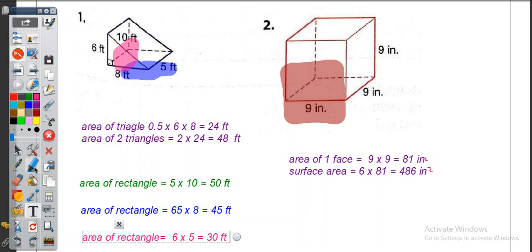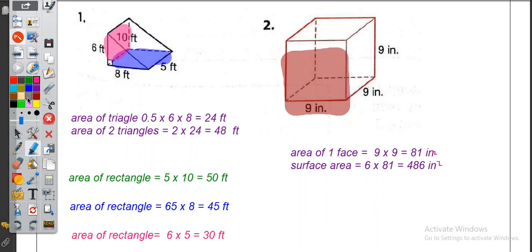After you finish, you will add the 48 to the 50 to the 45 to the 30 to get the surface area of the shape. So you will say 48 plus 50 plus 45 plus 30 equals 173.